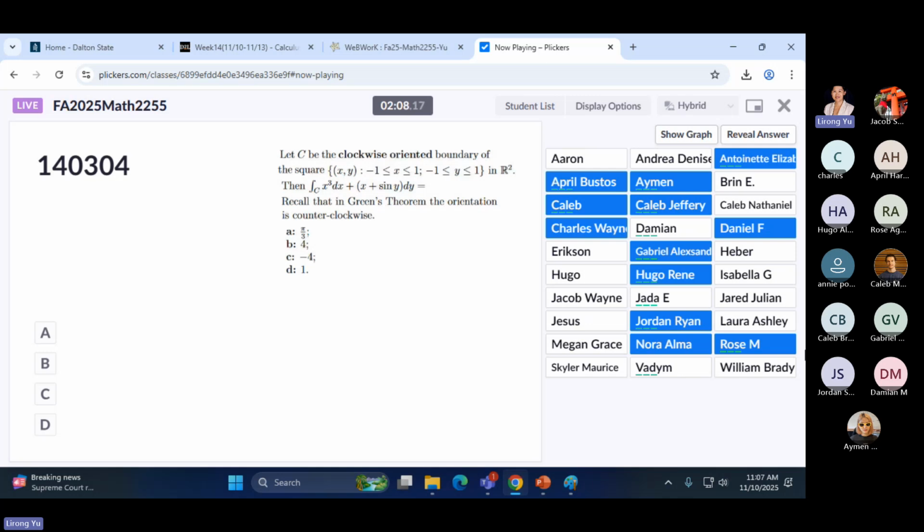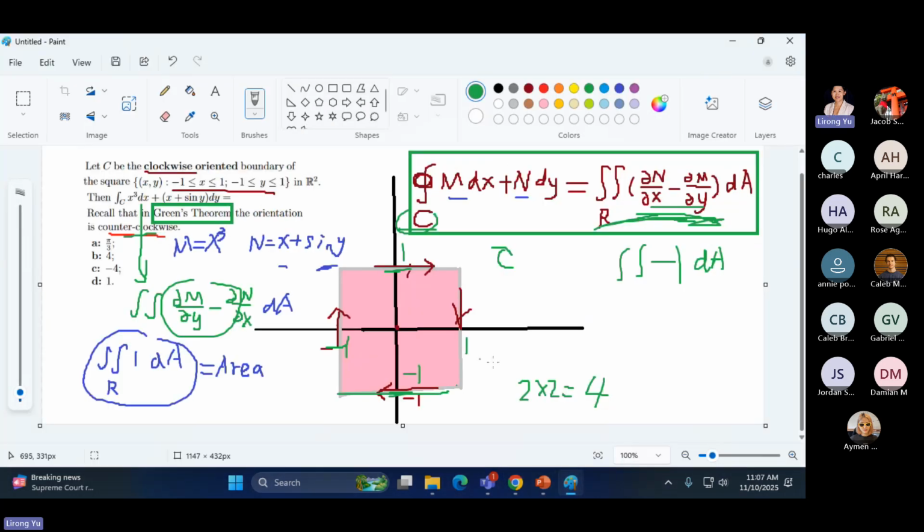You have submitted your answer. The answer should be the area of the square. We follow steps. Step 1, we identify the formula. Step 2, identify the M and N. Step 3, then we switch the orientation. It would be this, and then of course this calculation can be this.